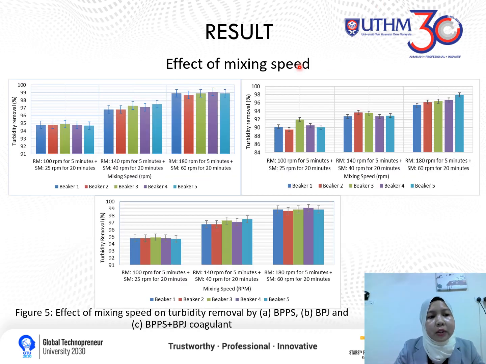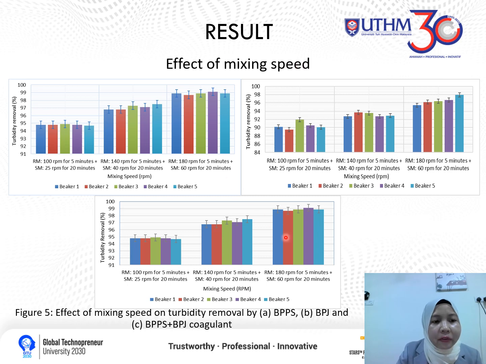One of the important factors in achieving higher coagulant efficiency during the coagulation flocculation process is the mixing speed. So continuous experiments for all coagulants were performed under optimum dosage and pH in order to investigate the effects of mixing speed condition on the turbidity removal.